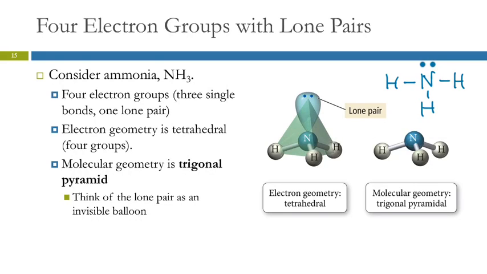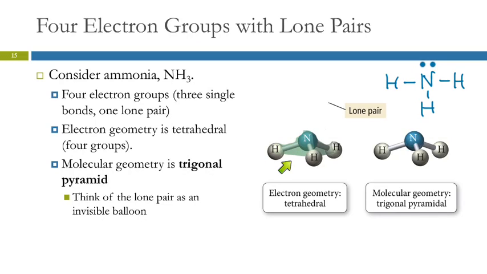So what I like to do is think of that as being invisible. So you find the electron geometry, and then to find the molecular geometry, you erase the lone pair. You make it invisible. You don't remove it. It's just invisible. So the balloons, we're not going to pop any balloons because then the rest of the balloons are going to spread out more.